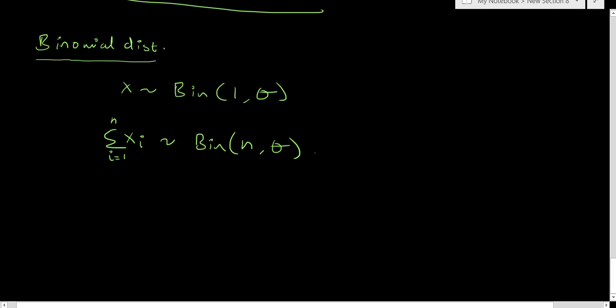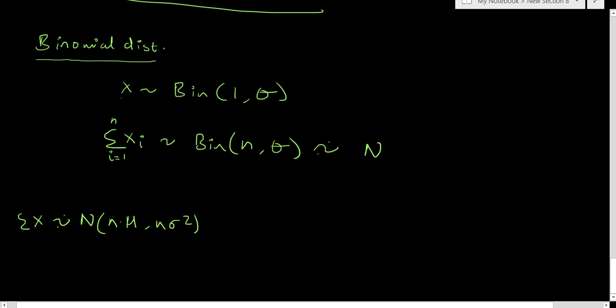This can also approximately be estimated using a normal distribution, applying the central limit theorem. So how will I do that? In this case, we know that sigma x has an approximate distribution of normal n mu comma n sigma square.